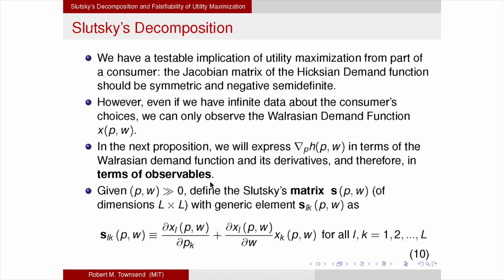Okay, so I should have said this is with infinite data because we're talking about having derivatives, which is infinitesimally small data, but it's still good to know that in principle, there's a way to do it. If you can't identify something with infinite data, you're not going to identify something with finite data.